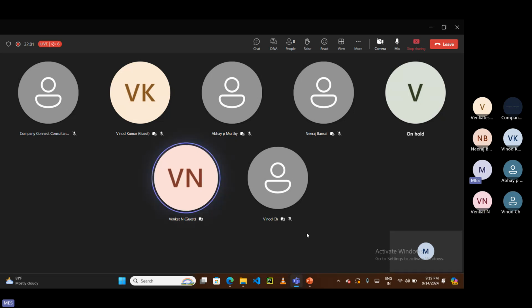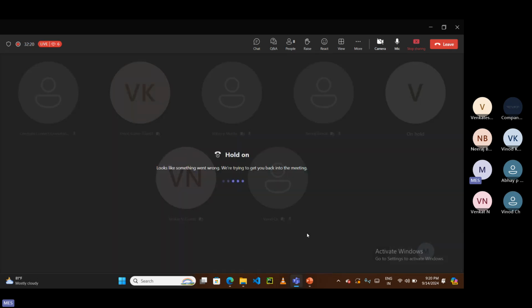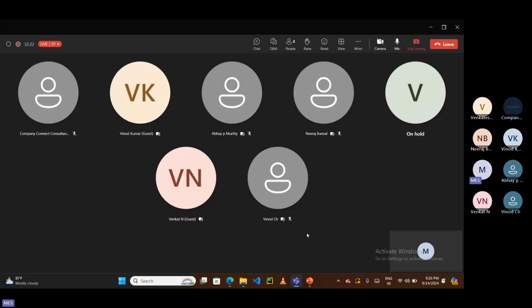After sampling, if you want to proceed to the next stage, those data are recorded into MES. But if the integration is not there, if the MES application itself is not there, then how will the data come into your MES application? First you have to implement the MES application in that case.